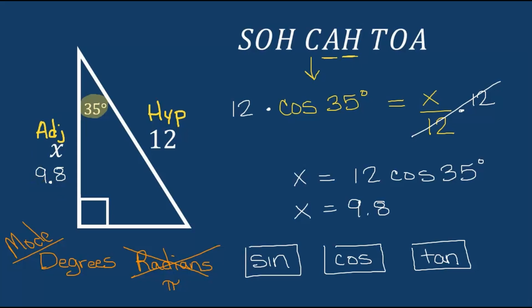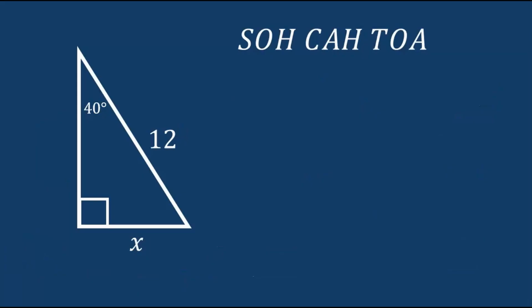Let's move on to finding another side using a different trig function. Remember that the first thing we're always going to do when we tackle these problems is to orient ourselves to the degrees. Here's where our degrees are. And so we're going to check what are we actually given so that we can pick which one of these SOHCAHTOA to use.